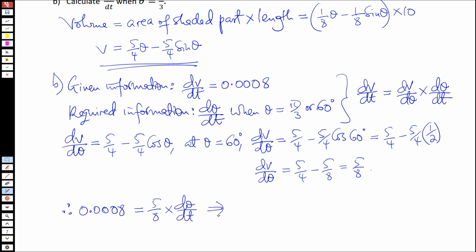So that implies that d theta over dt will be equal to 0.0008 multiplied by 8 over 5. And if you plug that in your calculator, that will be equal to 0.00128.